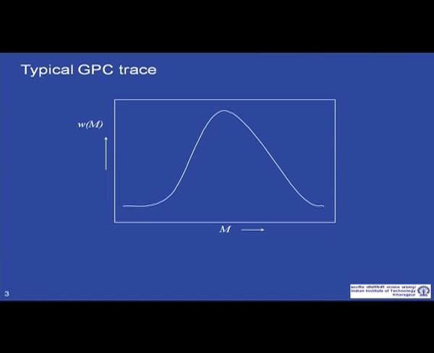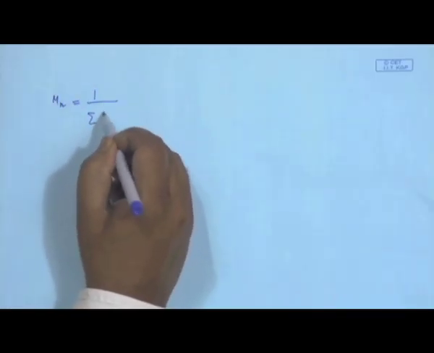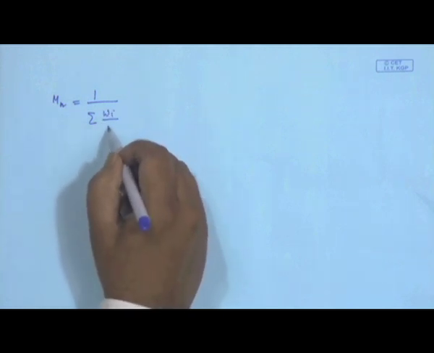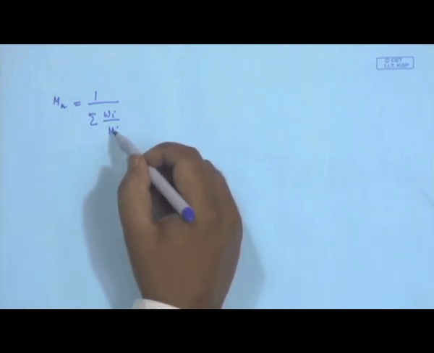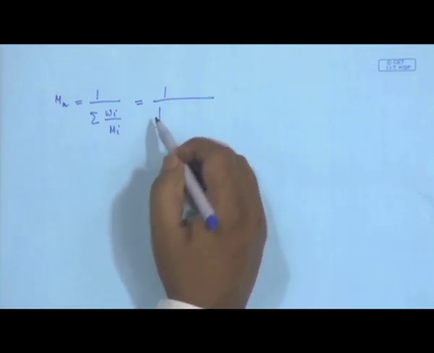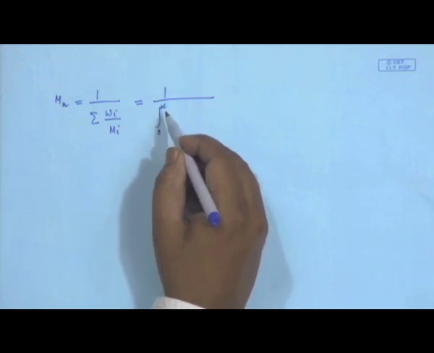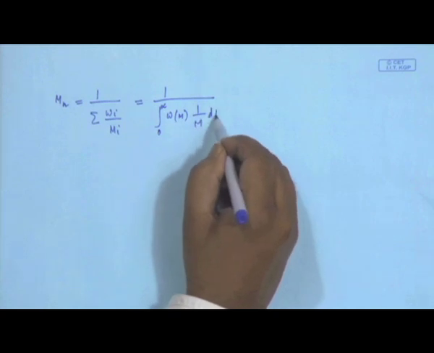The requirement for this transformation is because we know the definition of Mn is given by this, where W is the weight fraction of polymer chains having molar mass Mi, and we can express this in integral form like this.